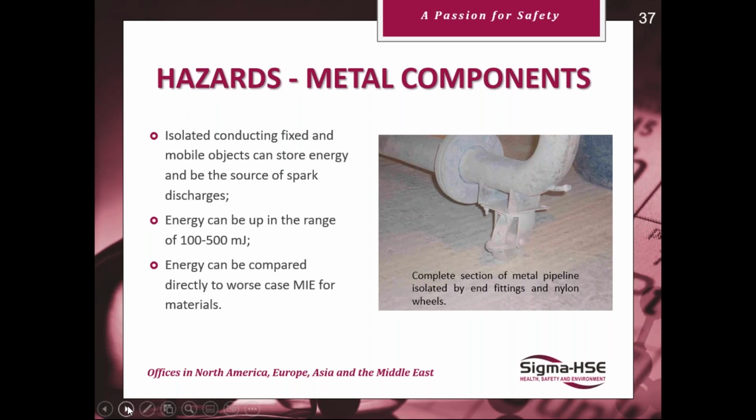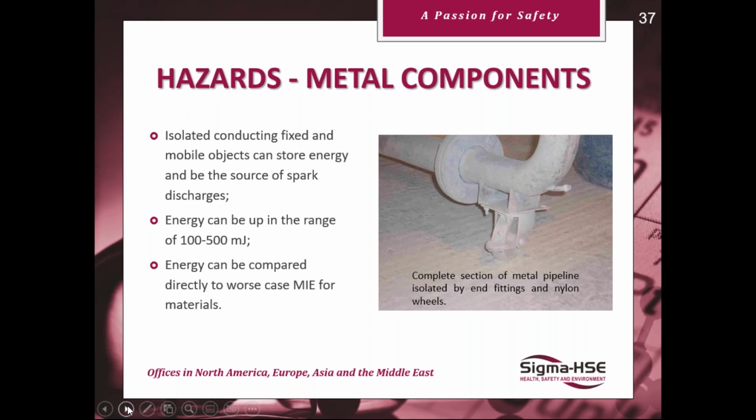If you detect something wrong, then measure it in stages, between flanges. And if you find an isolated conductor, then you need to bond it and have jumper leads, probably on to the other plant. Energy can be in the range of 100 to 500 millijoules, and it can be compared directly to the worst case MIE of materials.